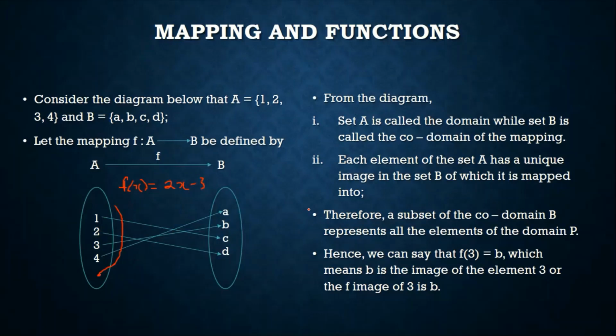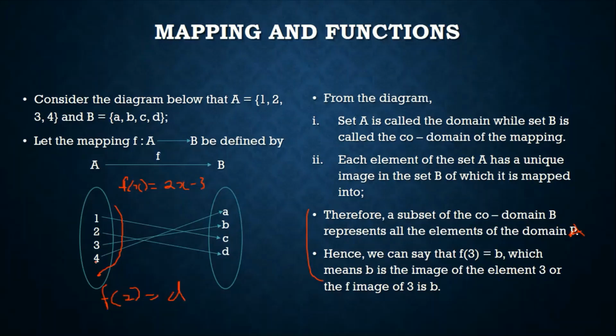Now let's read the rest. It says, therefore, a subset of the codomain B represents all elements in the domain A. Hence, you can say f of 3 equals B, which means B is the image of the element 3, or the image of 3 is B. So we can say f of 2, the image of f of 2 is D. Do we see that?